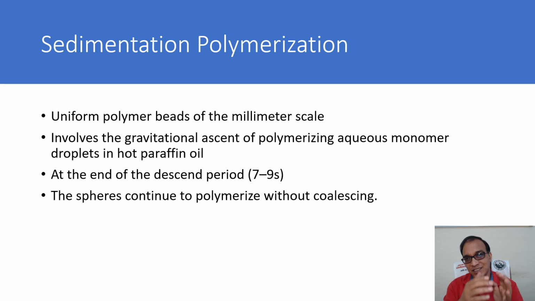The gravitational descent helps in sedimentation polymerization, and at the bottom you get the microsphere droplets, pearl-like things. You decant and dry them, and you get the microspheres. This is a wonderful and very simple example of practicing this type of microsphere preparation.